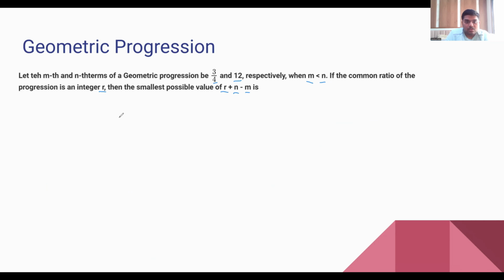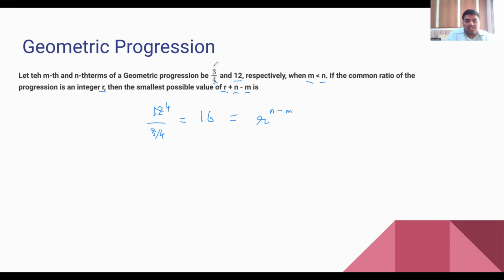Okay. So see, the first thing that we can do is 12 divided by 3 by 4 is equal to, see, 12 by 3 is 4, 4 4s are 16. And this will be equal to r to the power n minus m. Why?